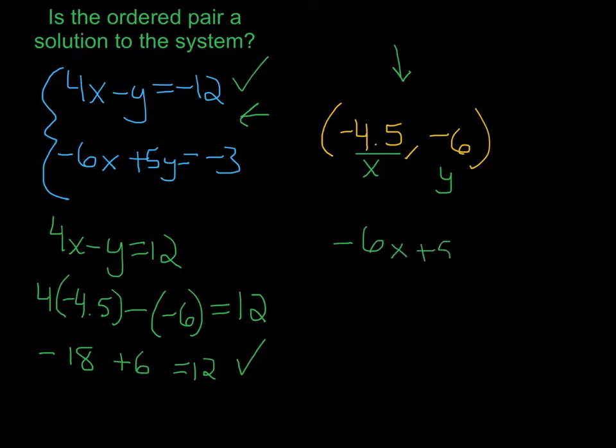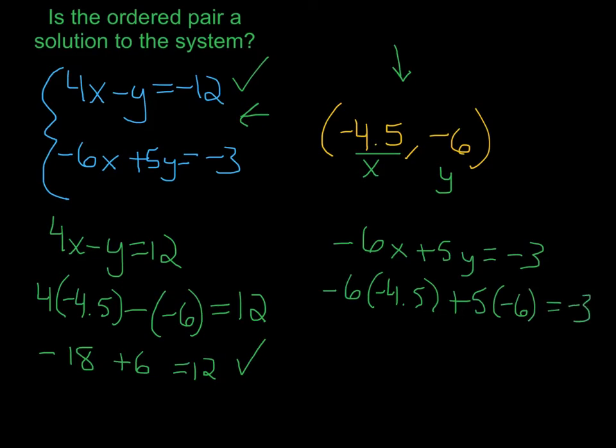-6x plus 5y equals -3. So let's change this to -6 times x, which is negative 4.5, plus 5 times y, which is negative 6. Does it equal negative 3? We should get negative 6 times negative 4.5 is a positive 27.